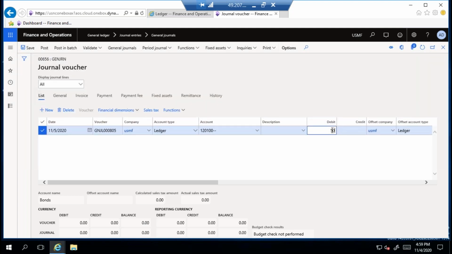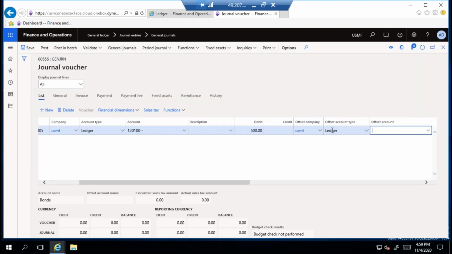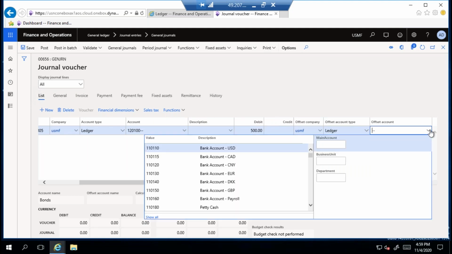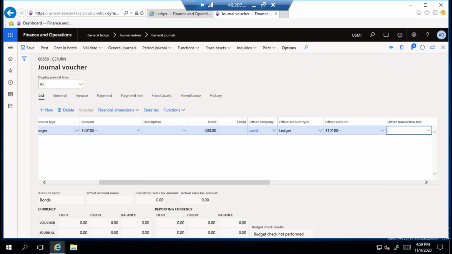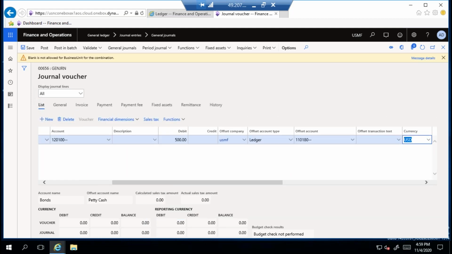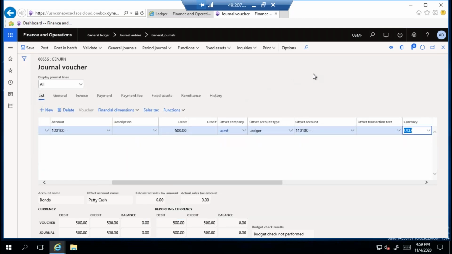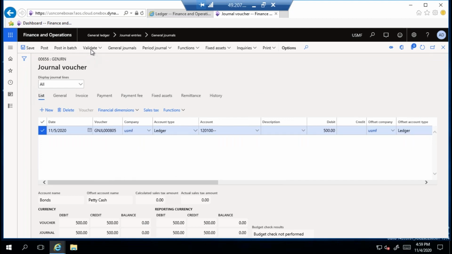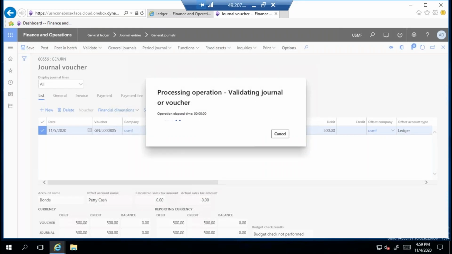I'm entering suppose 500 and the offset account I'm entering 110180 something account I'm mapping. Here also I'm skipping. So it is telling that blank is allowed, but if I'm trying to post or validate, it will throw error messages.